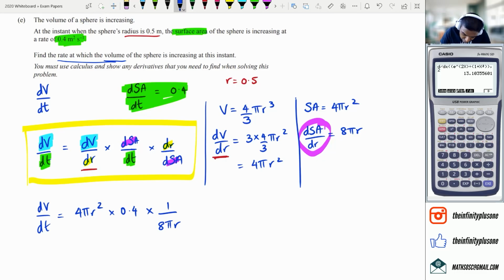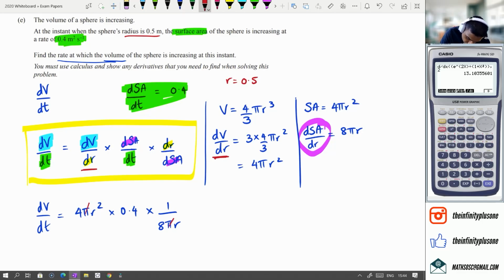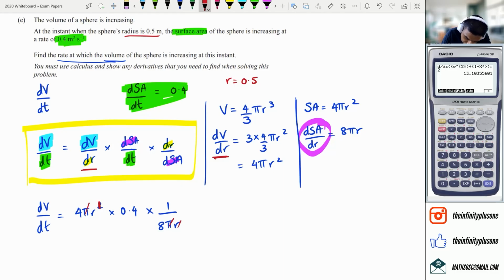So if we flip it upside down, what we've then got is a whole lot of cancellations that are going to be happening. First, I'm going to get rid of the 2 pi's. They're going to cancel out each other. Then I've got to get rid of the r with 1 r. And so 4 and 8, I can replace with 1 and 2. And of course 2 and 0.4, get rid of that as well, and I end up with 0.2.